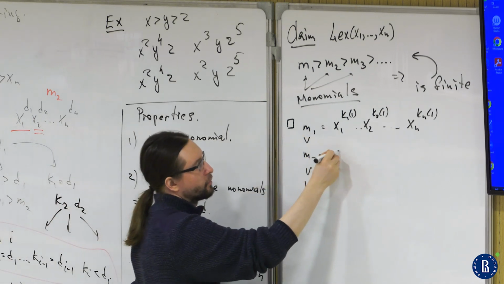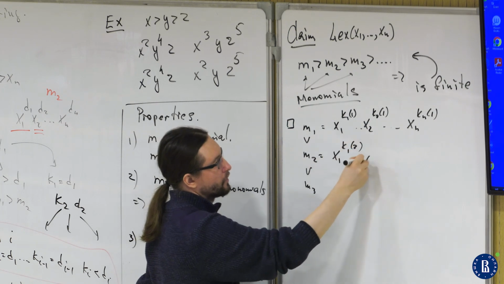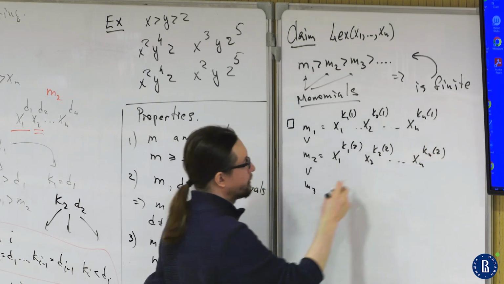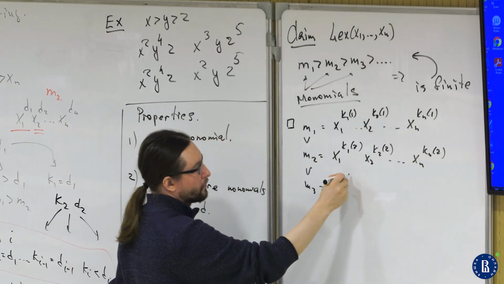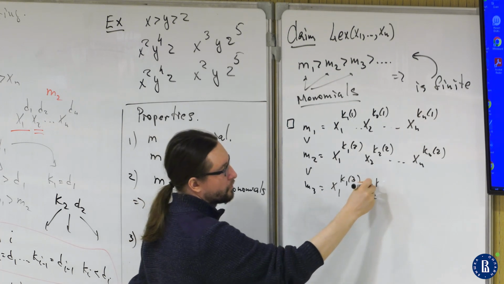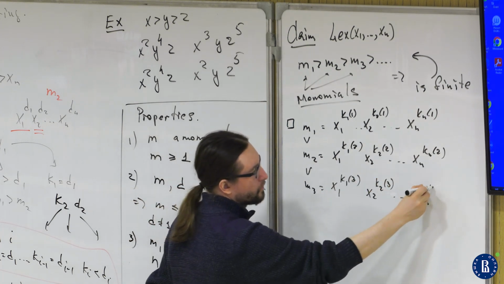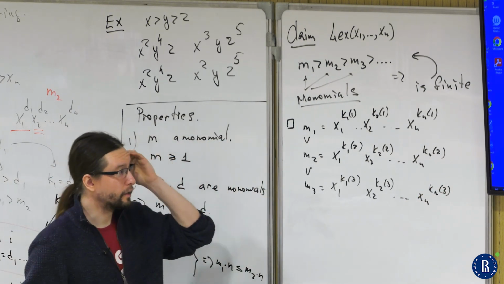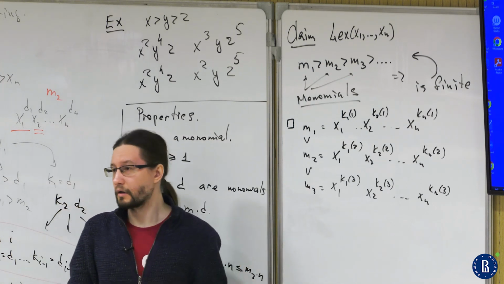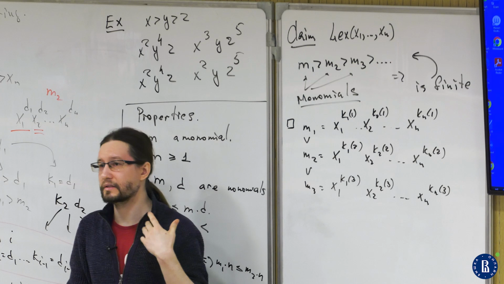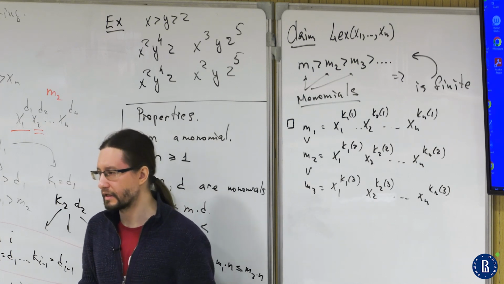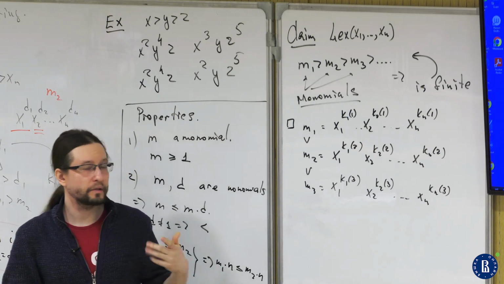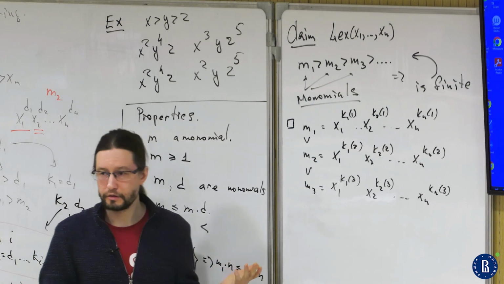So m2 will be x1 to the power of k1(2), x2 to the power of k2(2), etc., xn to the power of kn(2), and so on. Now, assume that the contrary holds. Suppose that there is some infinite strictly descending sequence of monomials, and we want to get a contradiction.